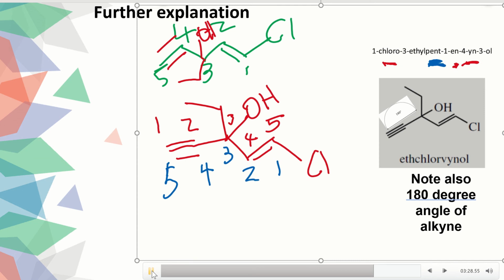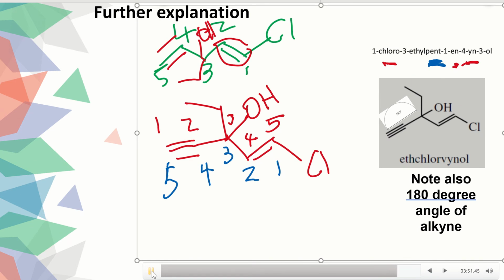And that's basically it. So two things that we need to remember: for the double bond, notice that it covers 2 carbons, and the number that is counted is the first one.